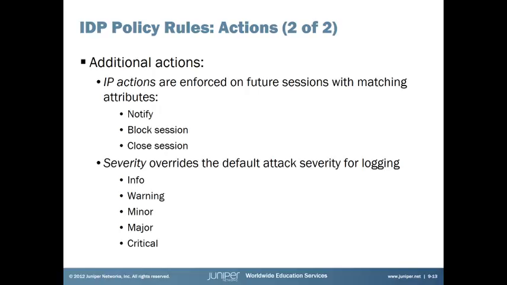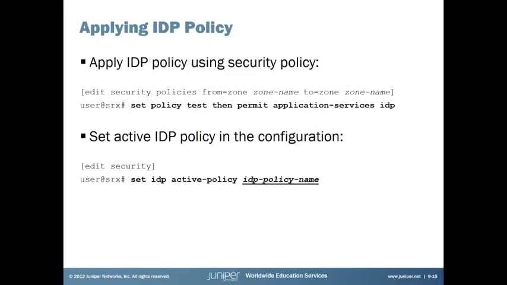That can be a permanent block, or it can be a block which has a timeout on it, that blocks it for a period of time. These are the attack severities, beginning with the lowest, info, and going to the highest, critical. And we can override the defaults as well.